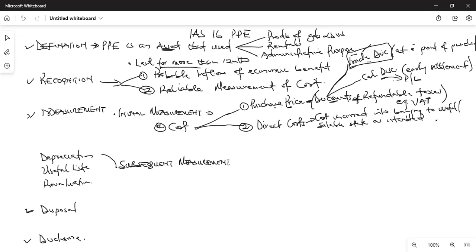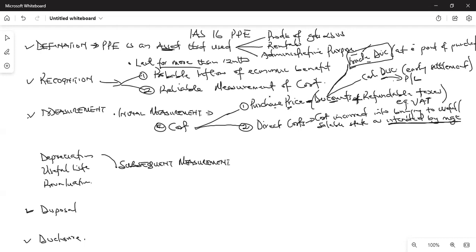These are the amendments in the standard. So, for example, if I want to find the cost of my phone that I went to Circle to buy, it will be the purchase price. If the guy gave me a discount, I need to take it off.